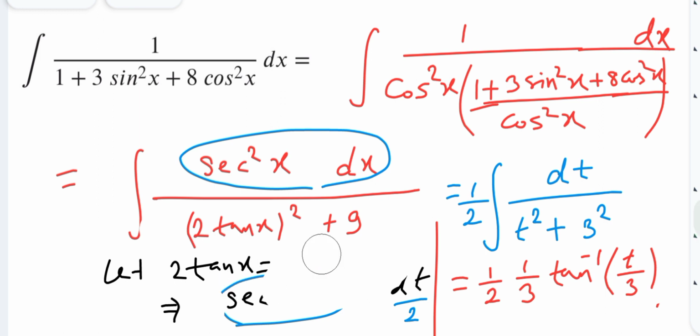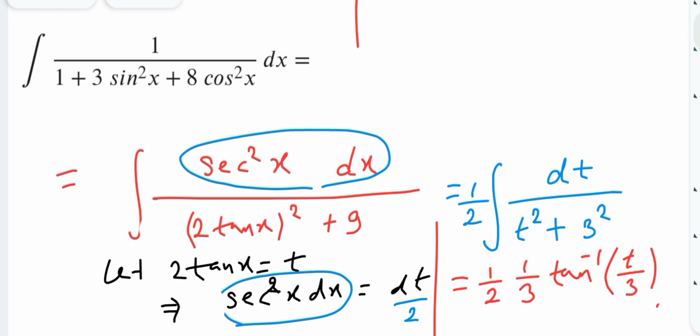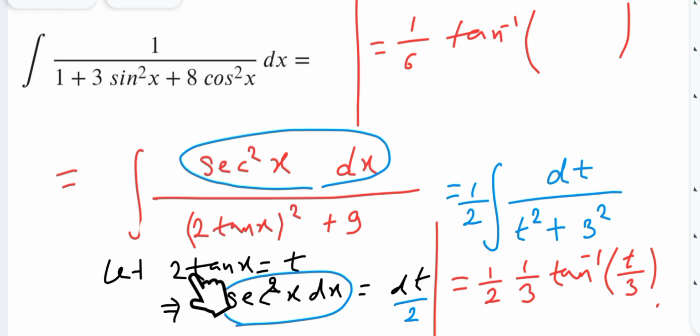So I will write 1 upon 6, that is 2 into 3, tan inverse, and instead of t I will write 2 tan x divided by 3, and this is our answer.